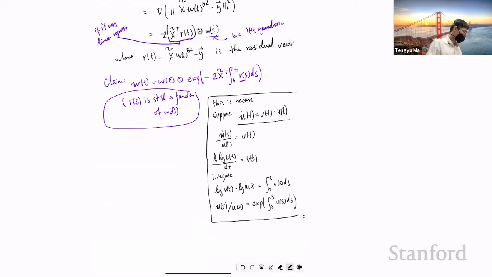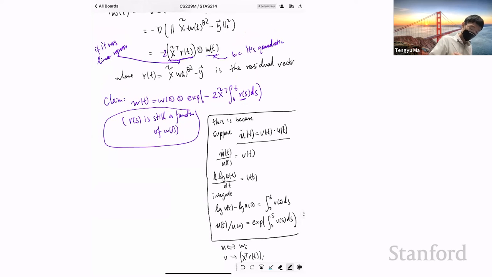And now, if you map u to a coordinate of w and v to a coordinate of this x transpose r_t, then you can apply this and you get the desired result.